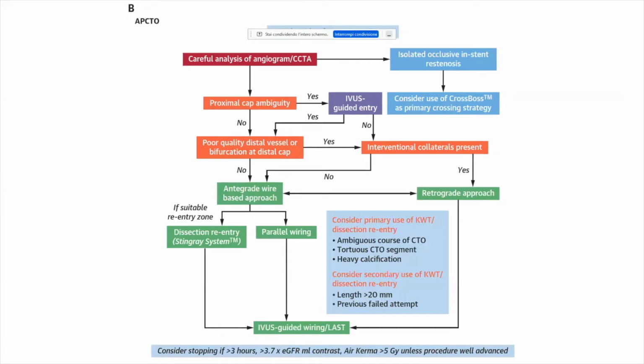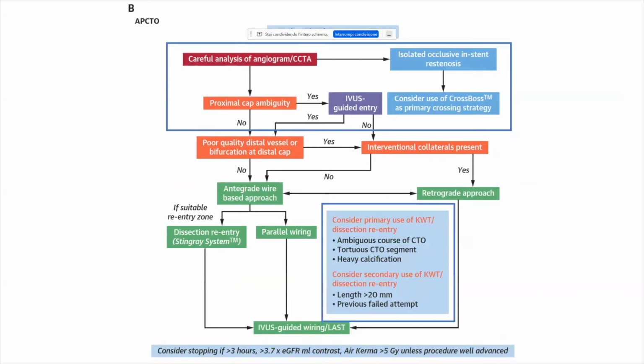This is the Asian Pacific CTO algorithm that was published after the first one. In this algorithm, the first difference is to differentiate the CTO anatomy into in-stent occlusive restenosis or not. In case of isolated occlusive in-stent restenosis, the authors suggest to consider the use of a cross-boss as primary crossing strategy.